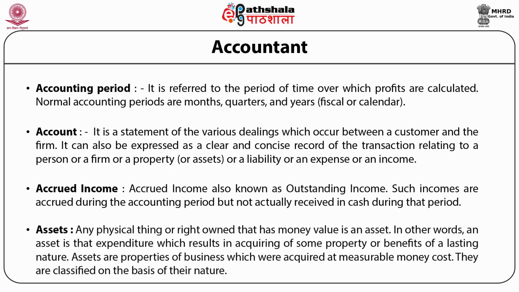Assets. Any physical thing or right owned that has money value is an asset. In other words, an asset is that expenditure which results in acquiring of some property or benefits of a lasting nature.